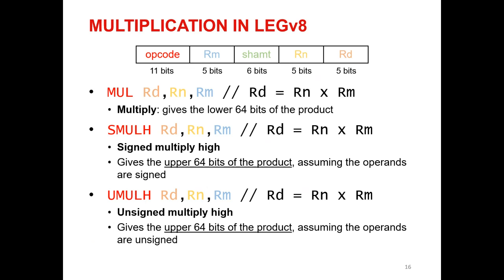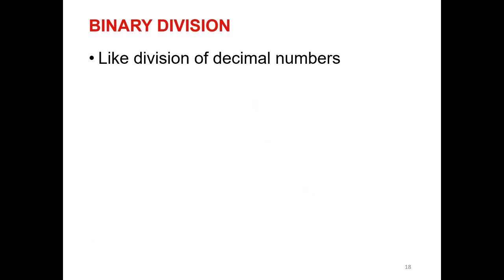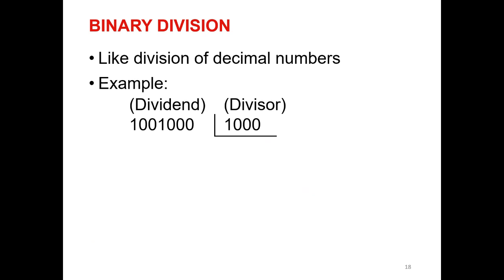So let's change now to the division. Similarly to the multiplication, for the division, we can do just like we divide decimal numbers by hand. So for instance, let's do this example with this dividend and this divisor.